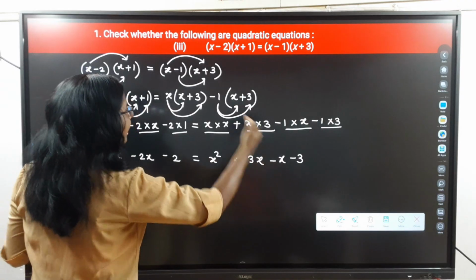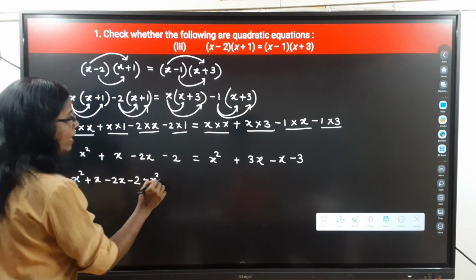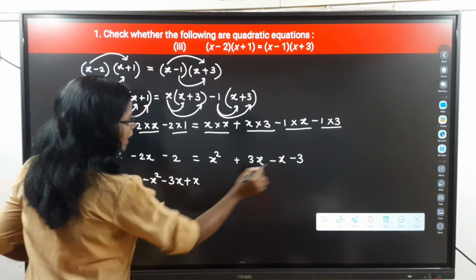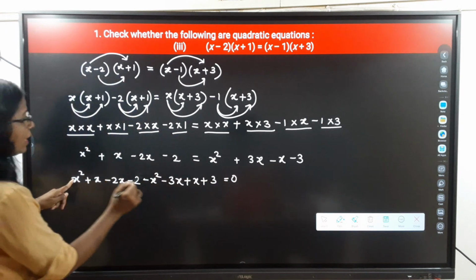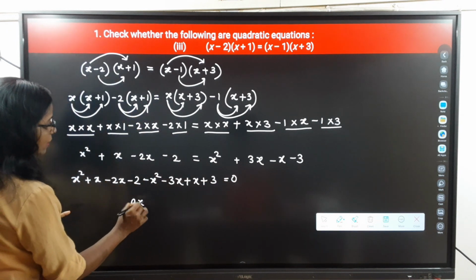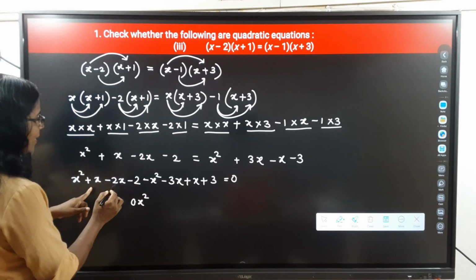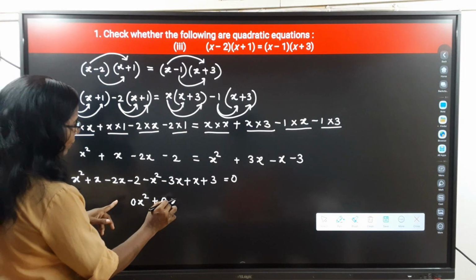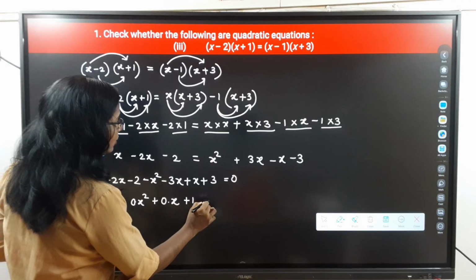Then I shift all these terms to the left hand side: x square minus x square, that means 0x square. Then plus x minus 2x minus 3x plus x gives 0x. Then minus 2 plus 3, that means plus 1, which is equal to 0.